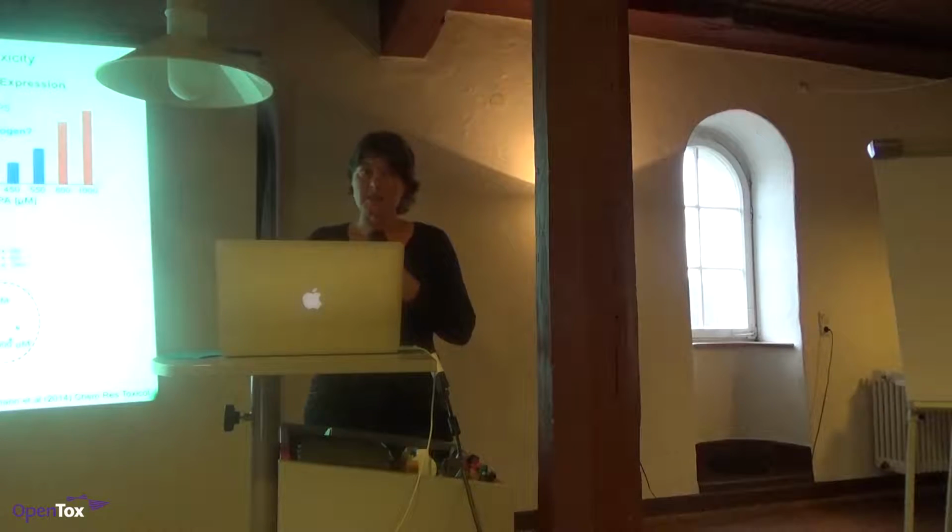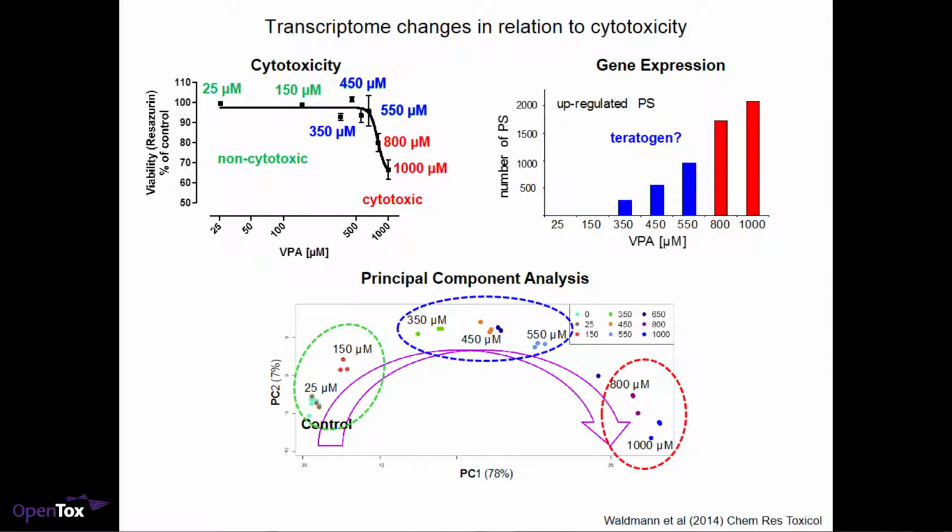Our colleagues, the bioinformaticians, also did a principal component analysis, and also on the basis of the whole transcriptome you see a nice concentration response. The middle concentrations cluster together, and the cytotoxic concentrations.